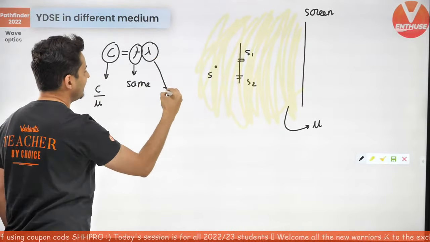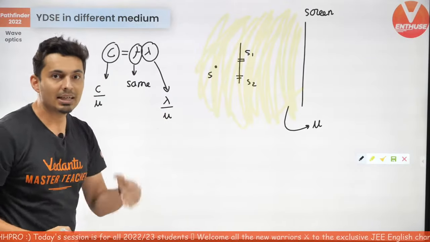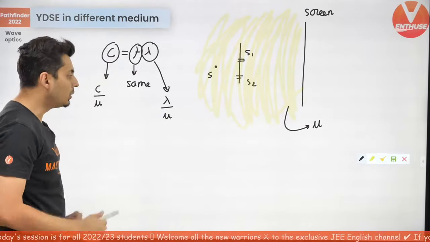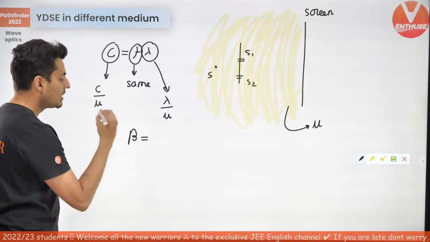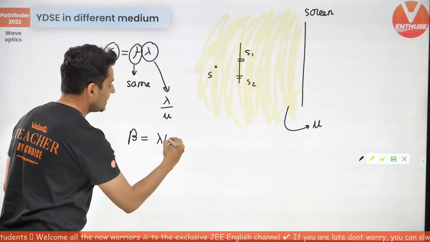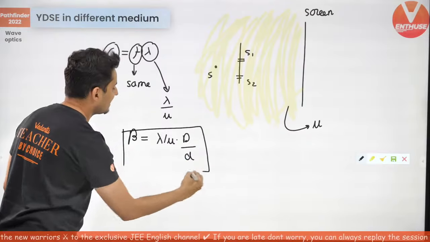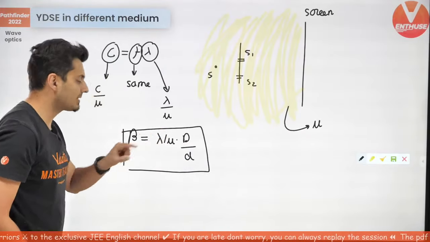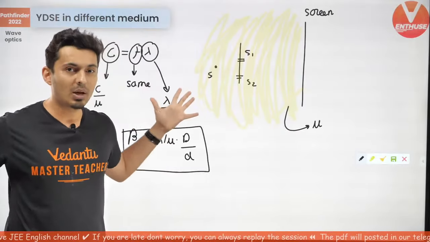So will the wavelength. It will become lambda by mu. And if the wavelength decreases by a factor of mu, that means the fringe width will change. So beta will become lambda by mu, times D by small d. So essentially, mu has come in the denominator. So it will decrease. So the fringe width will decrease.